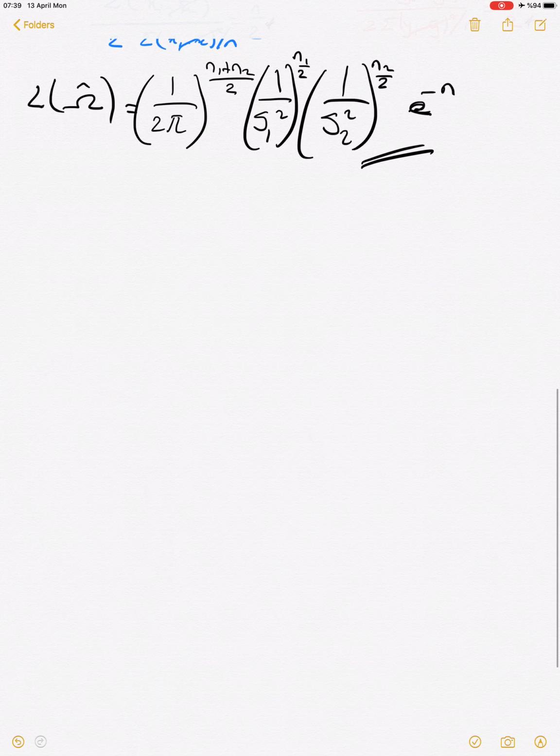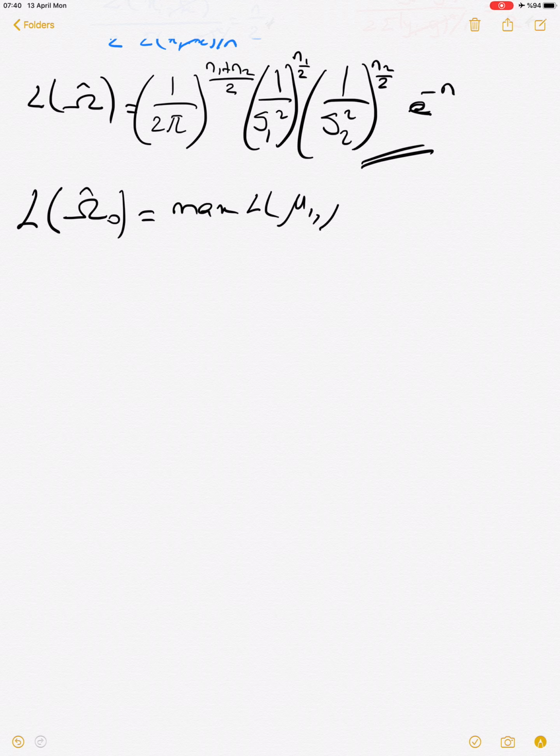Let's calculate the likelihood function, not under the whole parameter space, but under the null hypothesis case. In this case, we need to maximize the likelihood function under sigma 1 square equal to sigma 2 square.